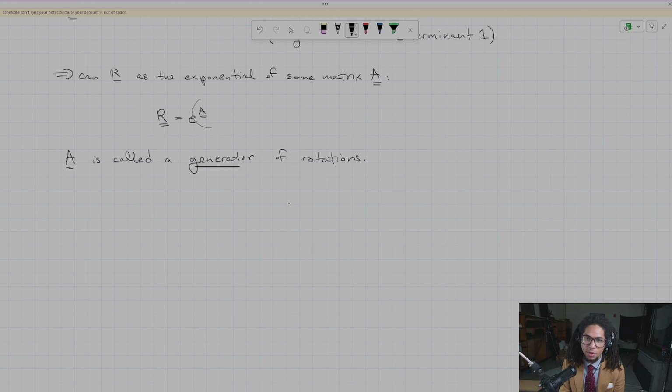It turns out that describing the set of A matrices that generate rotations is quite a lot easier. So in particular, it turns out every antisymmetric matrix is a generator of rotations.